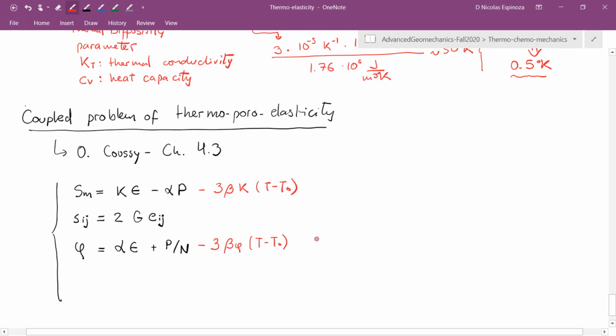Here in this equation, this parameter beta phi is going to depend on the thermal dilation coefficient of the solid, and is going to be related also to the Biot coefficient and the initial porosity.